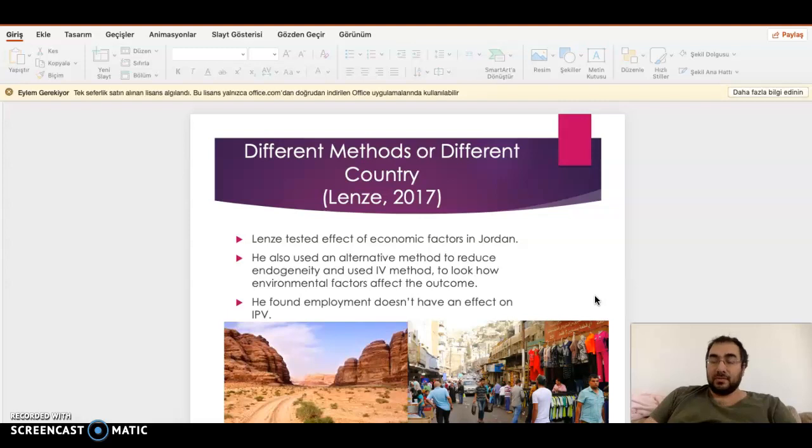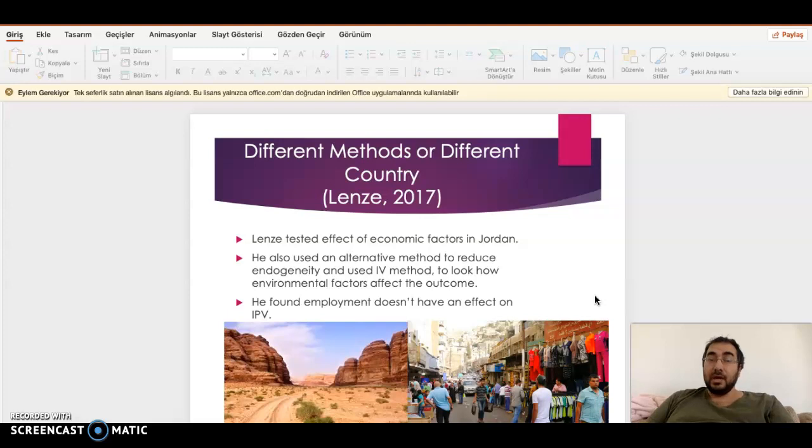So these two methods were used, and they have basically found that employment doesn't have any effect on intimate partner violence. This might be because there is one small effect. We will see that it's not 100% accurate, but 85, 90% accurate.